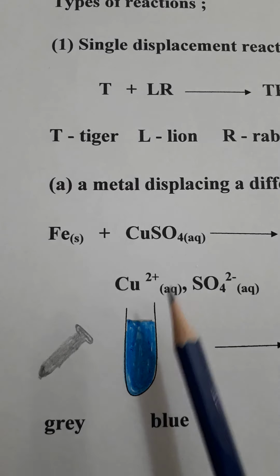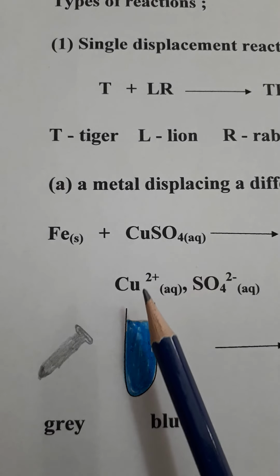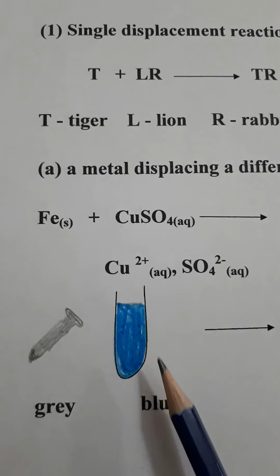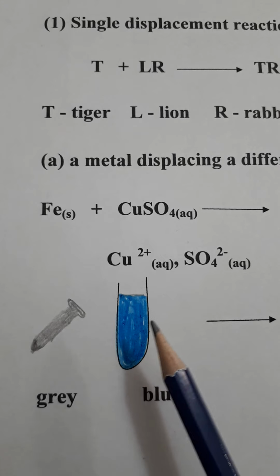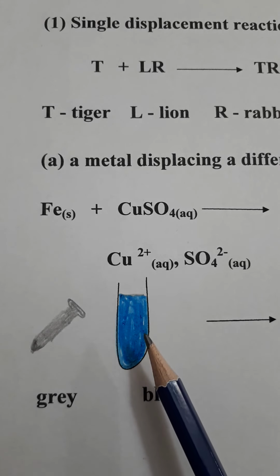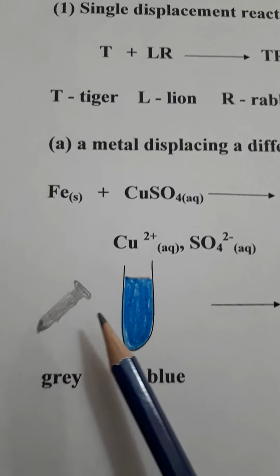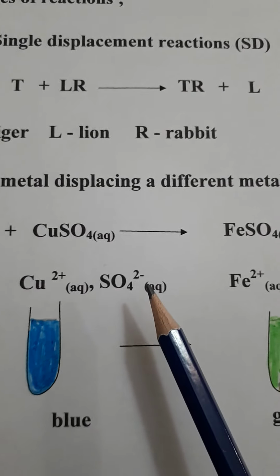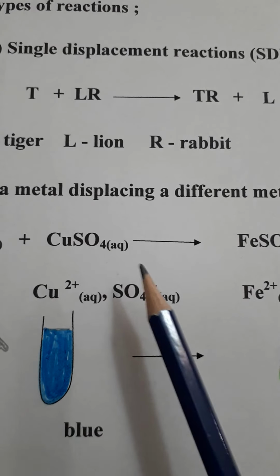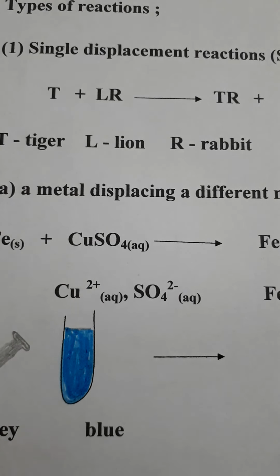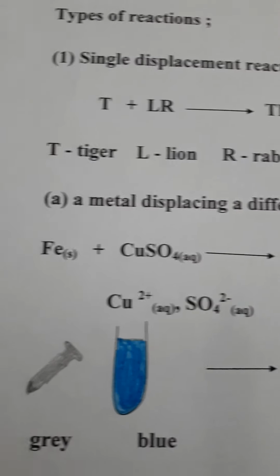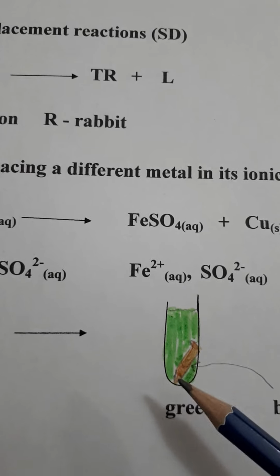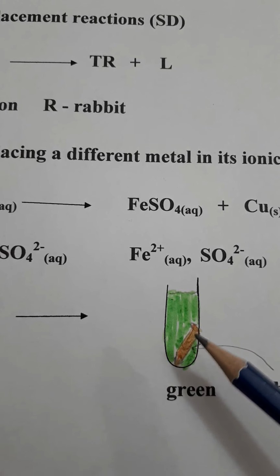Last time we saw that copper sulfate solution has copper ions and sulfate ions swimming around in the water, and it has a blue color. So if you put a gray color iron nail in that, it will become iron sulfate and copper. So that brown color copper will deposit on that gray color nail.